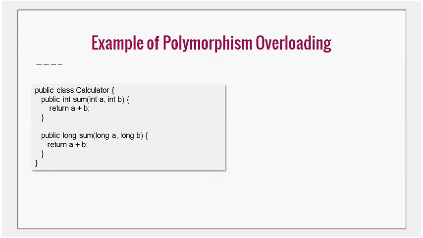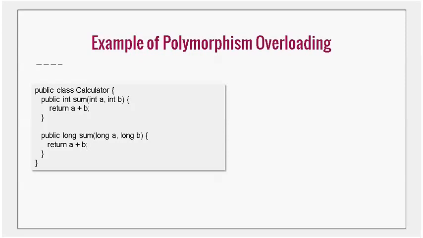So if you now call the sum method on the calculator object with two integer parameters, dynamically Java, or the JVM, will know that since it is integer, the sum method with the integer parameters should be called for the calculation.